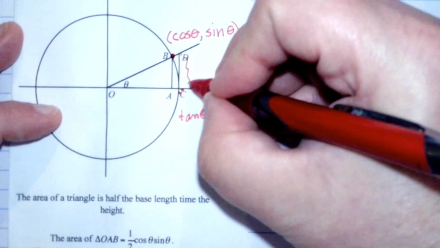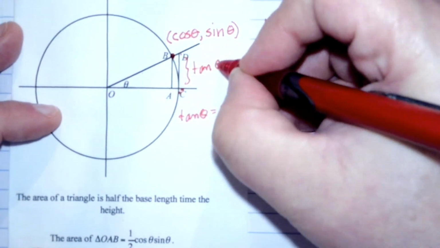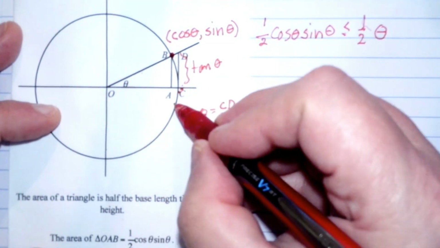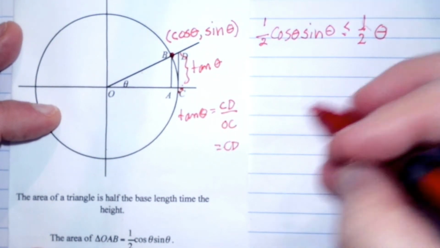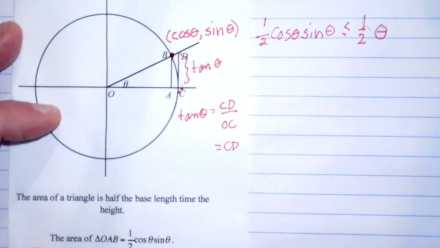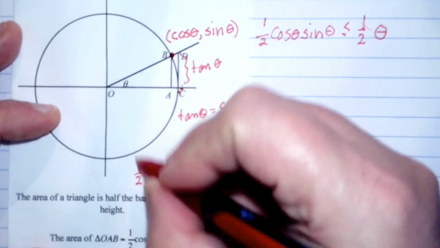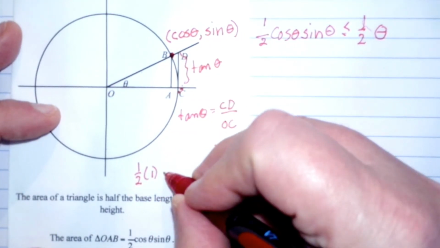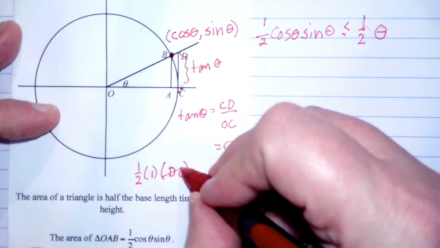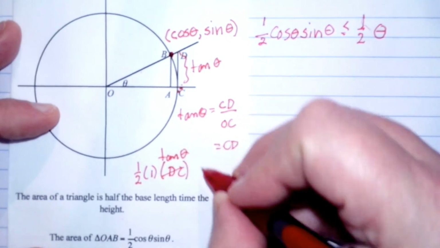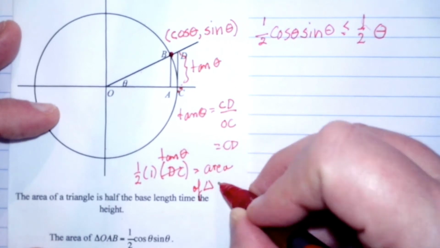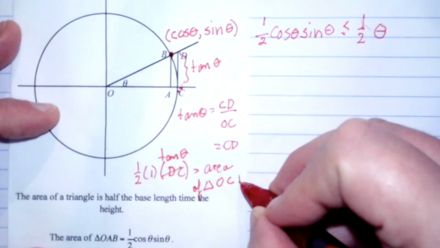Alright, so we've got tangent of theta for the height of the triangle OCD. Its base is 1, and so the area of triangle OCD is 1/2. The base is 1, and the height is DC, or tangent theta.